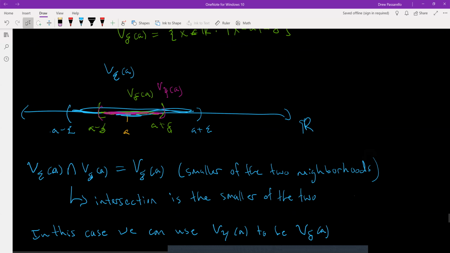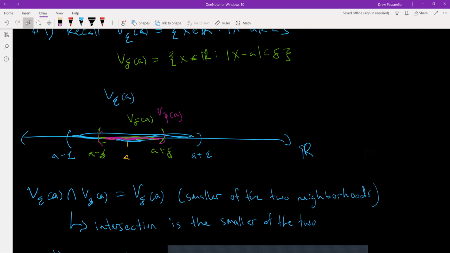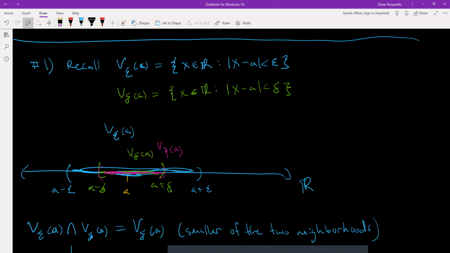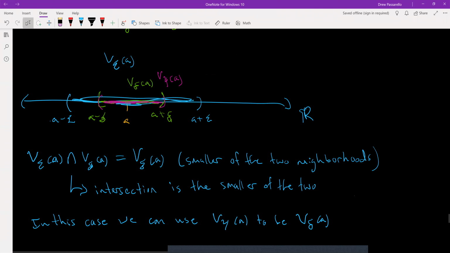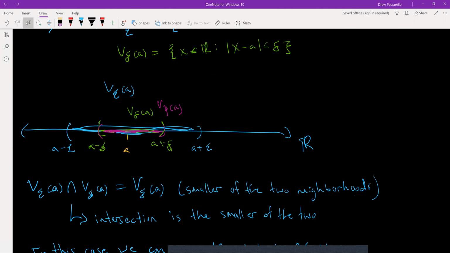And the intersection, graphically, if we had the neighborhood, so just a neighborhood is the set of x where the absolute value of x minus a, the center, is less than some radius. And so the intersection between two intervals is the smaller interval. And that smaller interval, based on this picture, is the delta neighborhood.